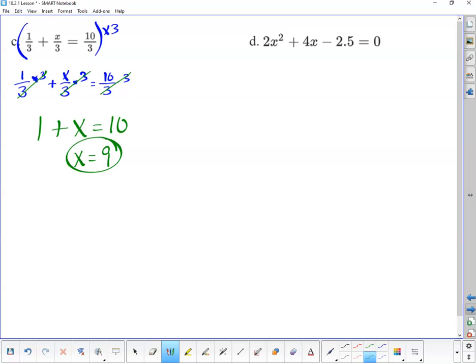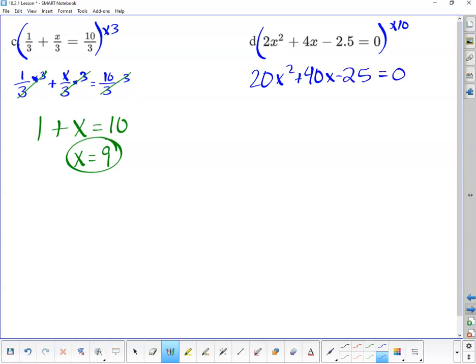Then we have over here for d, 2x squared plus 4x minus 2.5 equals 0. There's a couple things we could do here, but let's get rid of that 2.5 so we can multiply everything like before times 10. So now we've got 20x squared plus 40x minus 25, and 0 times 10 equals 0.